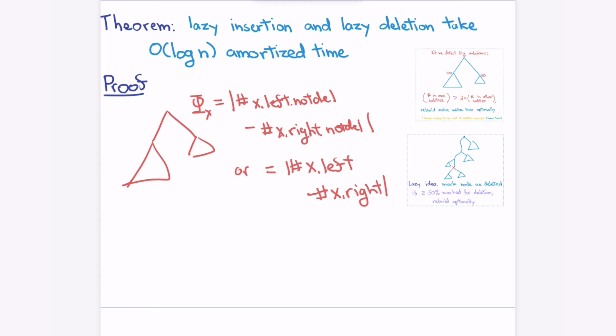So my worry is that both sides have the same number of not deleted nodes, but this side has just tons and tons of deleted nodes.